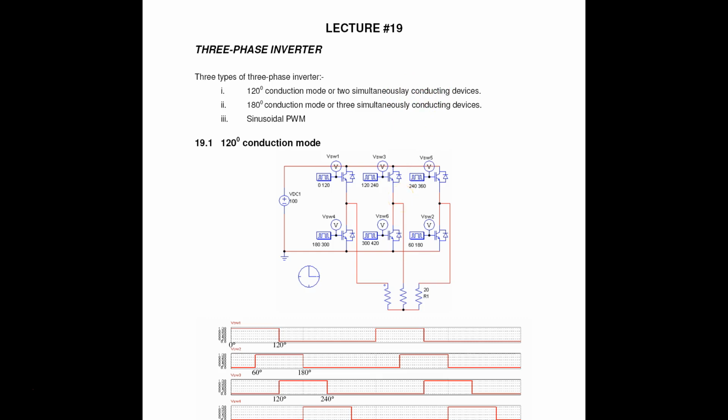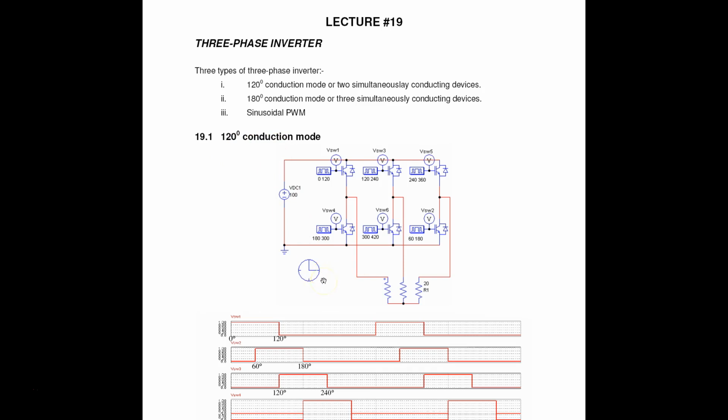And then the second one will be 180-degree conduction mode, or the other name is 3 simultaneously conducted devices. And finally, if you use a sinusoidal PWM, we're going to get a pulse width modulated output voltage at the 3-phase there. Okay, so let's look at the first technique or scheme, which is known as 120-degree conduction mode.